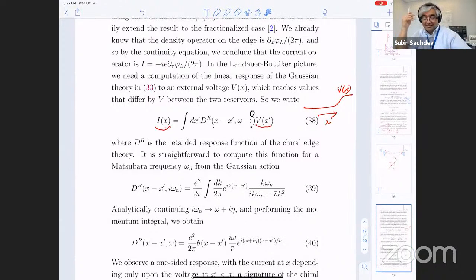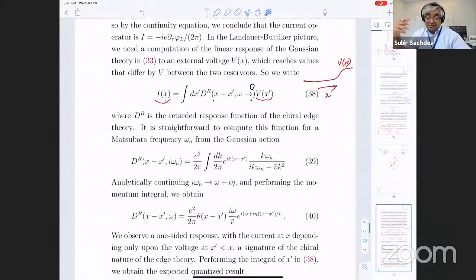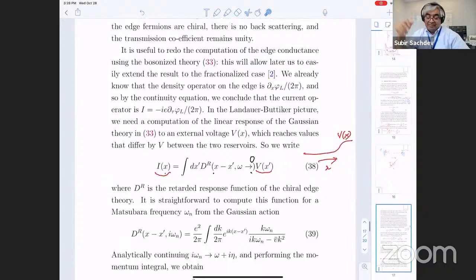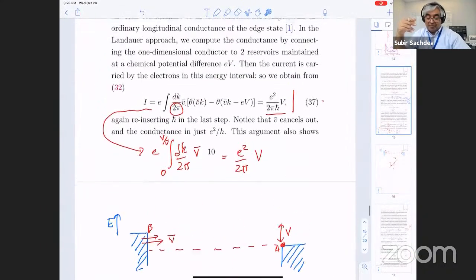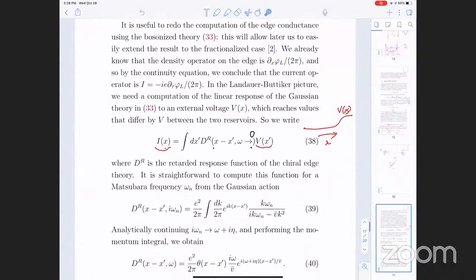It's got an anomaly, which I'm going to talk about in a minute. It's not gauge invariant on its own. It's really the boundary part that's gauge invariant. So the safest way to do the calculation is to find the operator in the fermionic language and then write them down in the bosonic language.